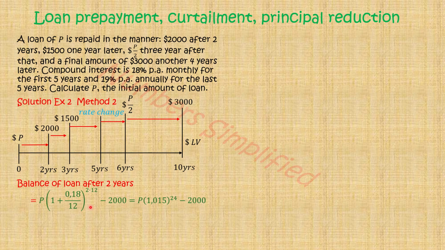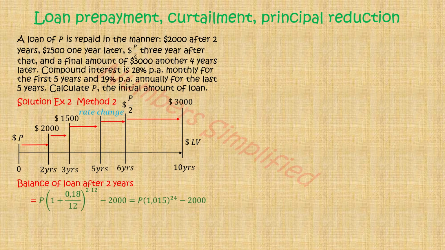Then we are going to subtract the value that was paid, because it is actually reducing the value of the loan. Therefore, simplifying further, we have P times 1.015 raised to the power 24 minus the 2,000. With that, we can see that that would be the balance of the loan after 2 years.